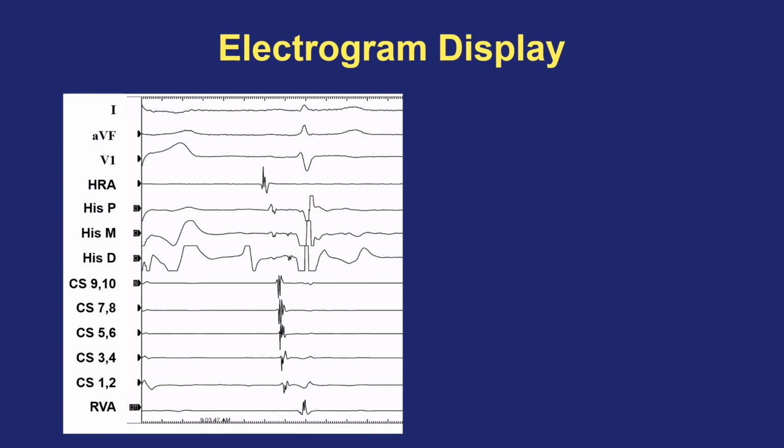When multiple channels are displayed at the same time on the screen, usually people will have a specific sequence that they'll use so that you can see the same pattern over and over again to recognize normal versus abnormal electrical conduction through the cardiac chambers.